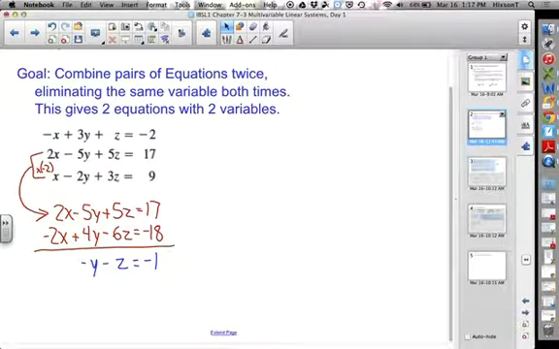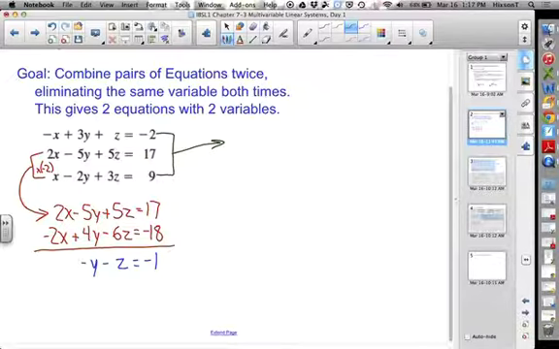We now need a second pair, and Yash recommended using the first and third equations. That's a good idea because we have a negative x plus 3y plus z equals a negative 2, and we have a positive x minus 2y plus 3z equals 9.